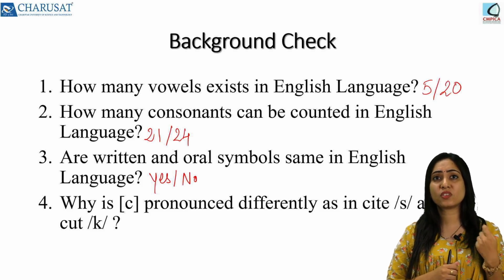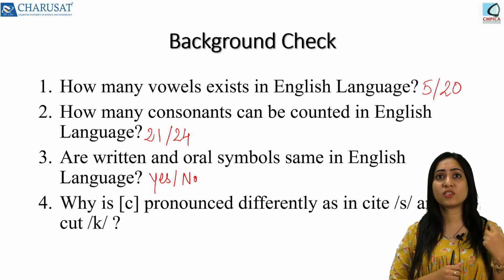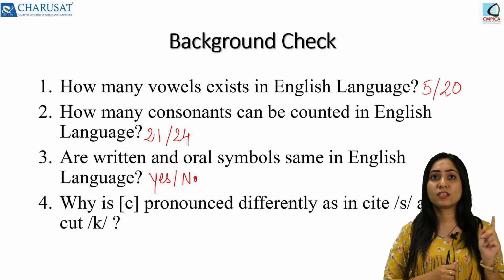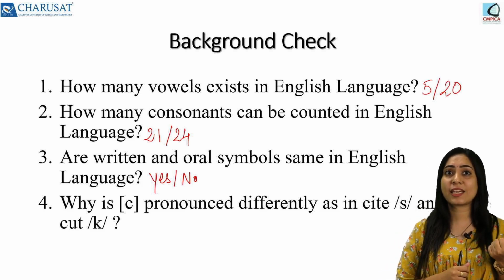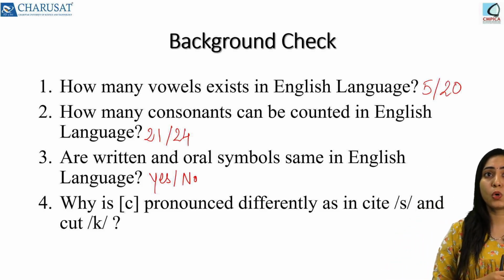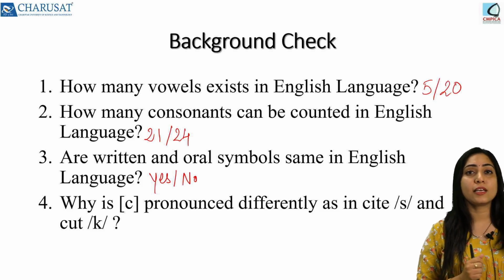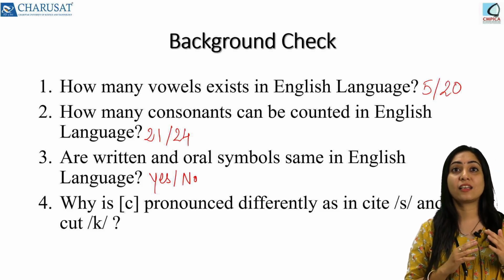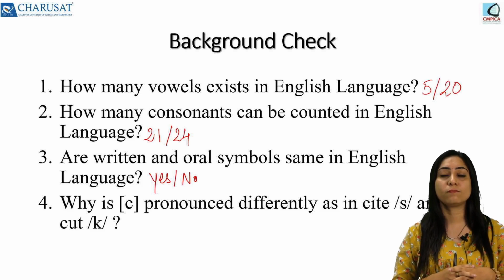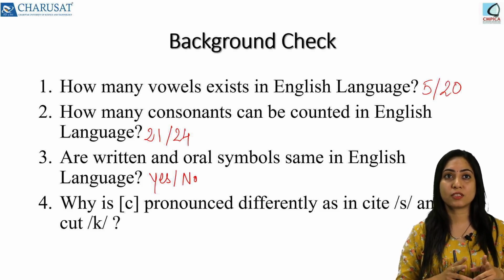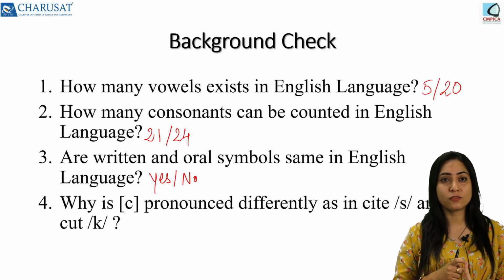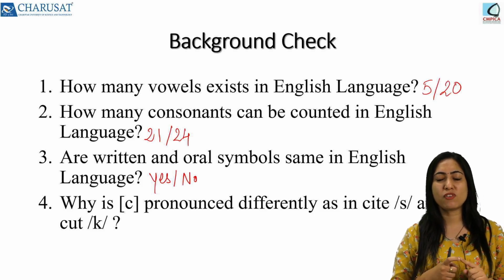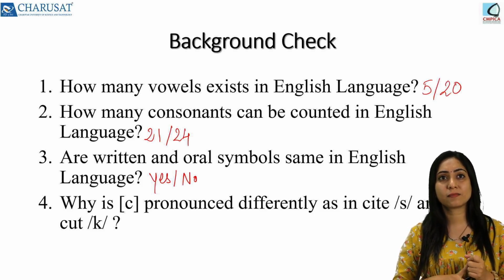It is not pronounced as C, but it is either pronounced as sa or ka. C is pronounced as sa in sight, and in the word cut, it is pronounced as ka. So, there is a difference. Have you first realized the difference? And have you noticed why it is like that?